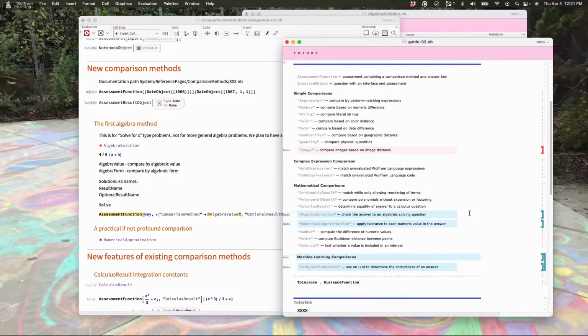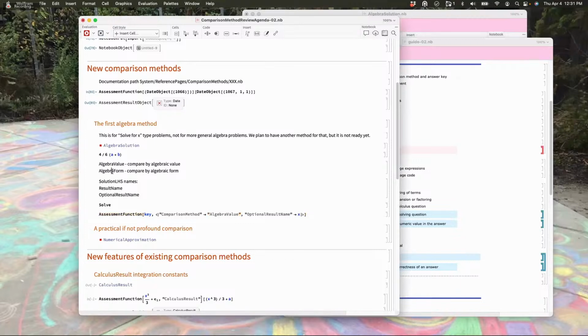I think it should be algebraic value, an algebraic form. I like algebraic form for sure, and then you probably want to do them both. Algebraic value is fine. It means the right thing, I think.